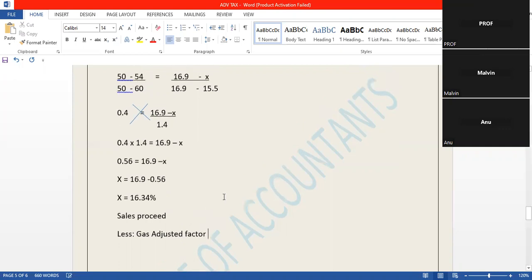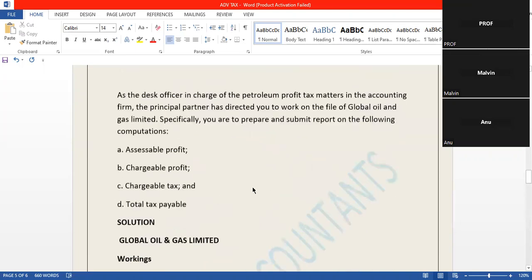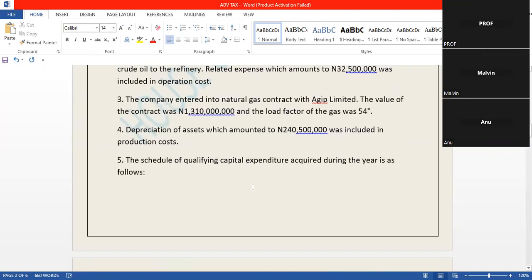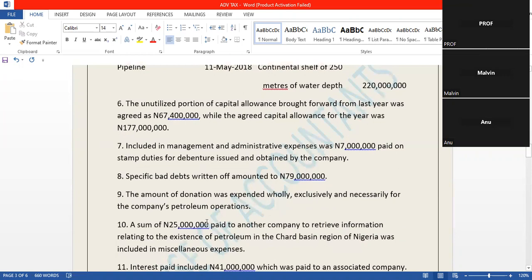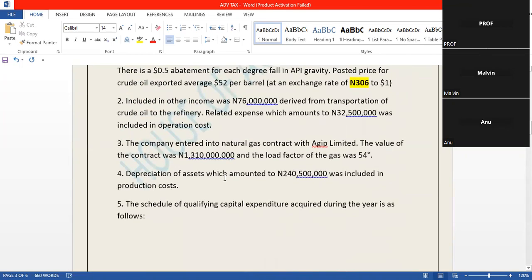Okay, so let's go back and see that figure of proceed. Let's go back to that question and let us see. So from that note 3 that we just finished, we were given this to be the value of the gas. So value of the gas is 131.